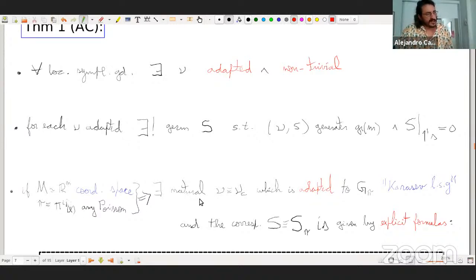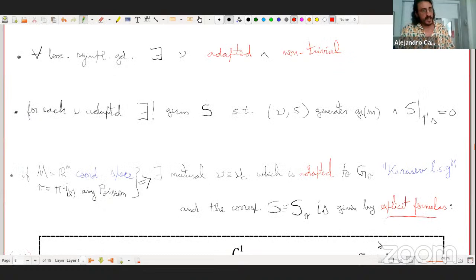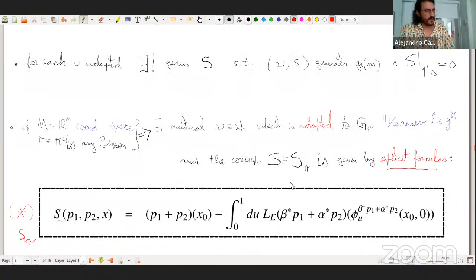So first of all, there exists a natural framing just using the coordinates. And this happens to be adapted to this explicit Karasev integration. And because of this point here, we know that there is a generating function. But the key point of this thing is that it's given by explicit formulas. Let me show you these formulas quickly.